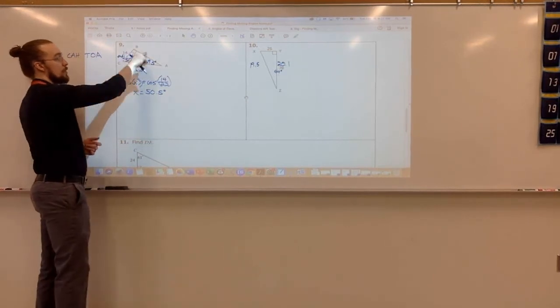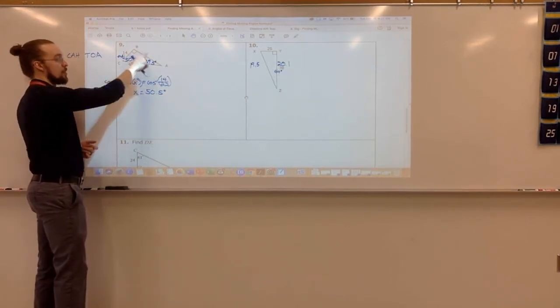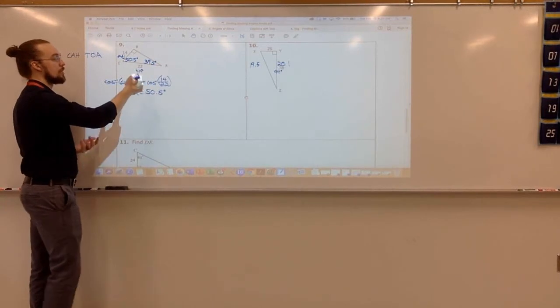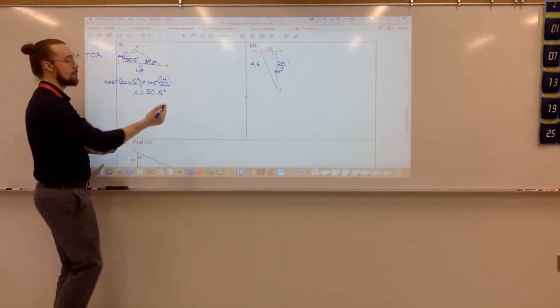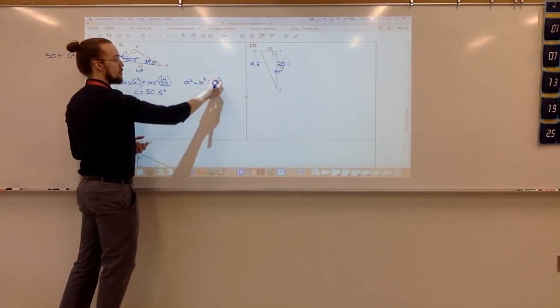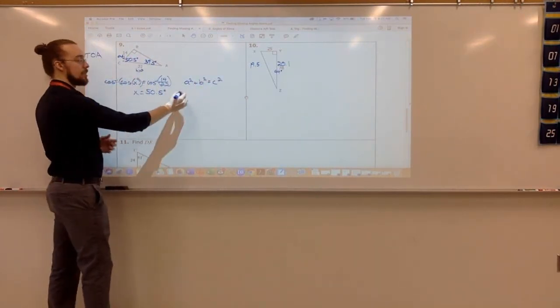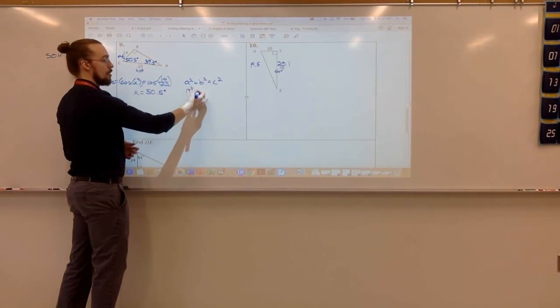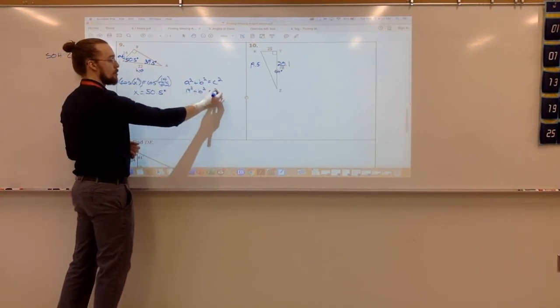So these are my two legs, the 14 and the unknown side, and then 22 is the hypotenuse. So a squared plus b squared equals c squared. 14 and my unknown are the legs, so I'll just leave that as b squared.